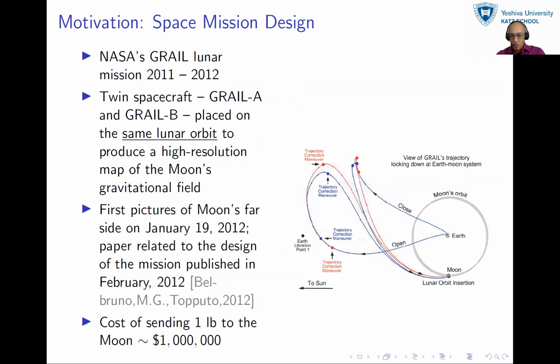Such motions that use the sun and earth and the moon, like the one for the GRAIL mission, take somewhere between 6 to 9 months. So it's a lot of time, but they save energy. For robotic missions, this is not bad. It's actually a benefit because when NASA designs such missions, they use them for different research purposes.